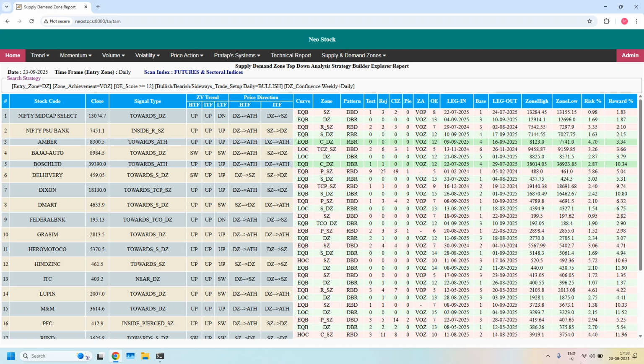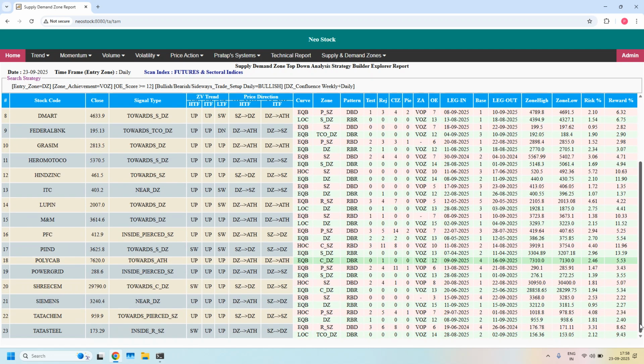So these are the first 16 stocks in the list. Scrolling the list down, total 23 stocks are filtered. But this list is not good enough for us. We need to further filter this list based on weekly demand zone having weekly EMA confluence, because the daily demand zone is overlapped with the weekly demand zone.